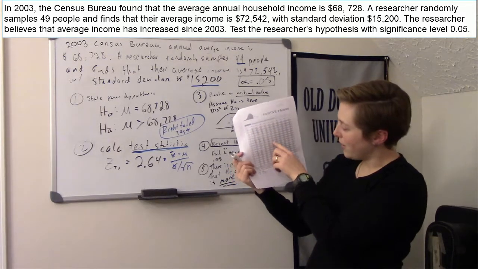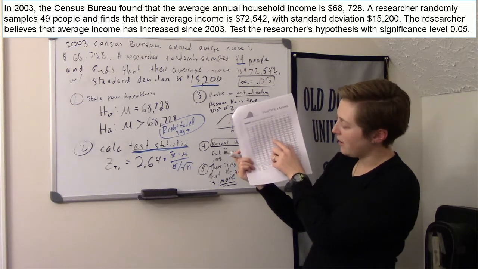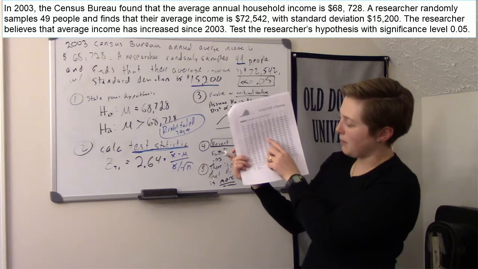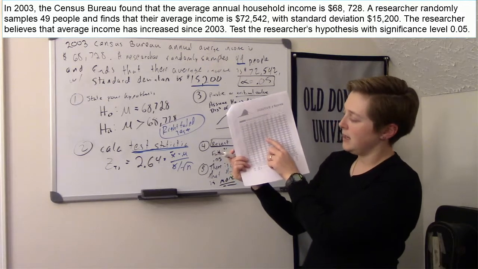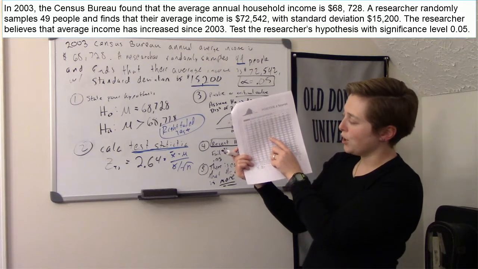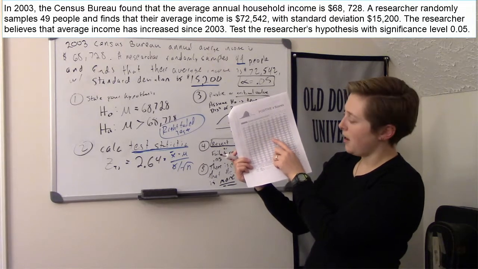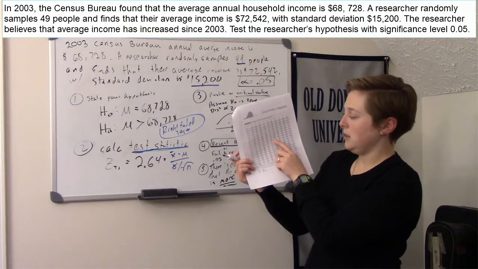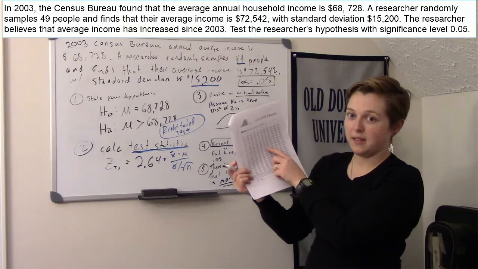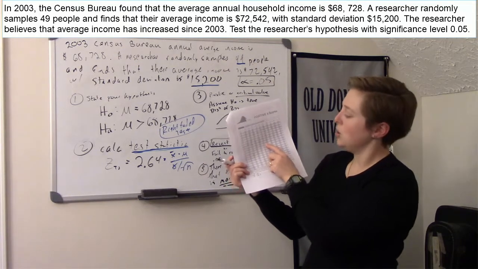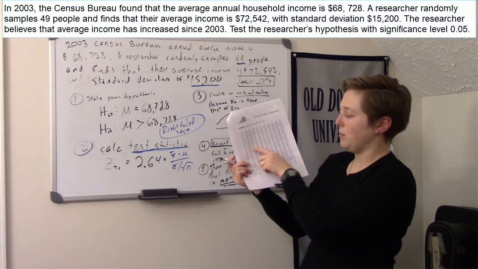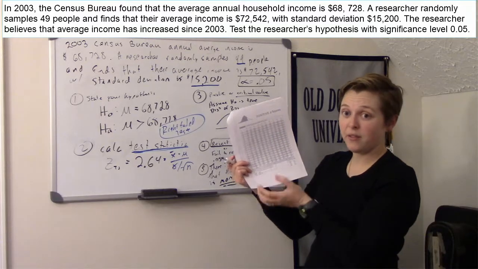If I look inside the table, there's a little star on your table because we have areas of 0.9495 and 0.9505. So 0.95 is directly between those two numbers. So we take the average of those two different z-values, between 1.64 and 1.65.